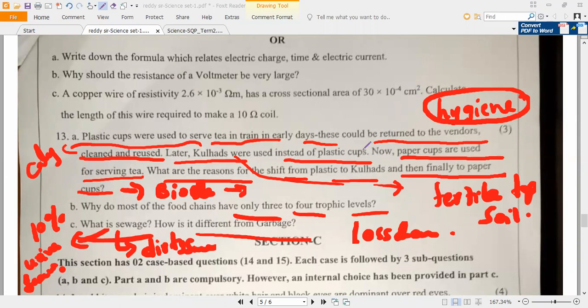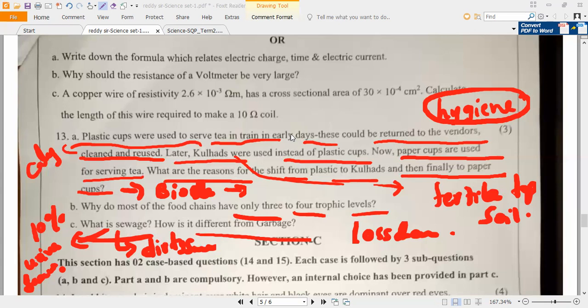Garbage contains all the household wastage, but sewage is the only one which contains urine and feces. That is what you have to write: sewage is the dirty drain water which contains urine and feces.